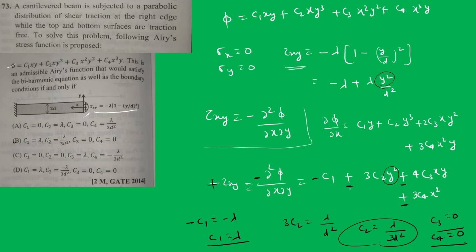Let's see, this one is minus, so this should be minus, and this one is plus, so this one will get cancelled out and this one will be true. And c3 is 0, c4 is 0. Check the negative and positive signs carefully, and then you will find the correct answer.